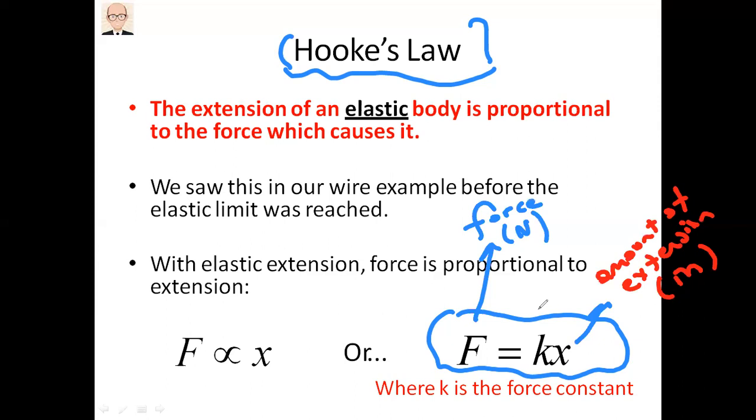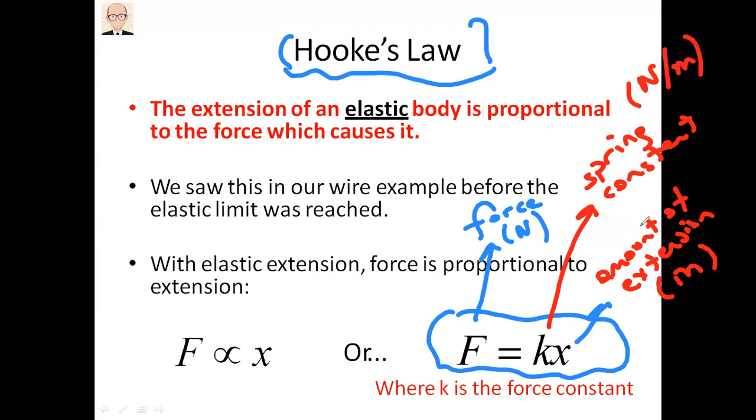And we call K the spring constant. From the equation, we can easily see that the unit of spring constant is going to be Newton per meter.